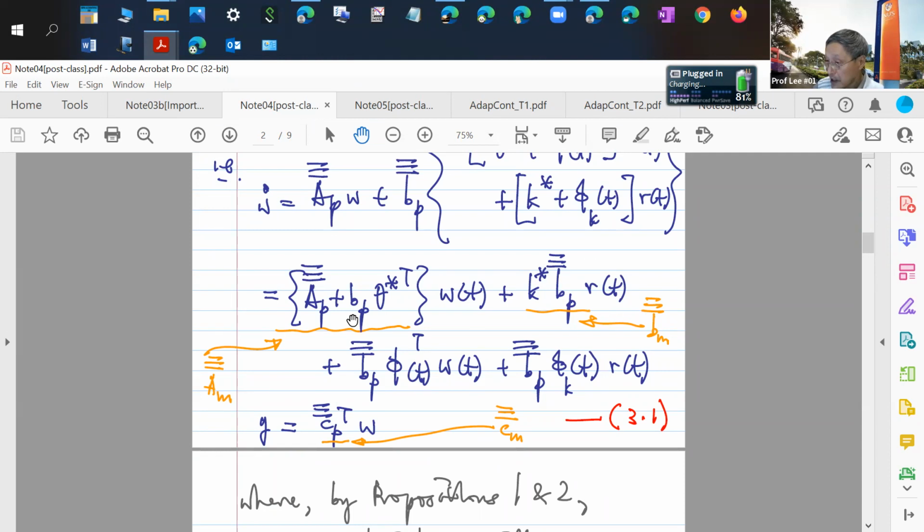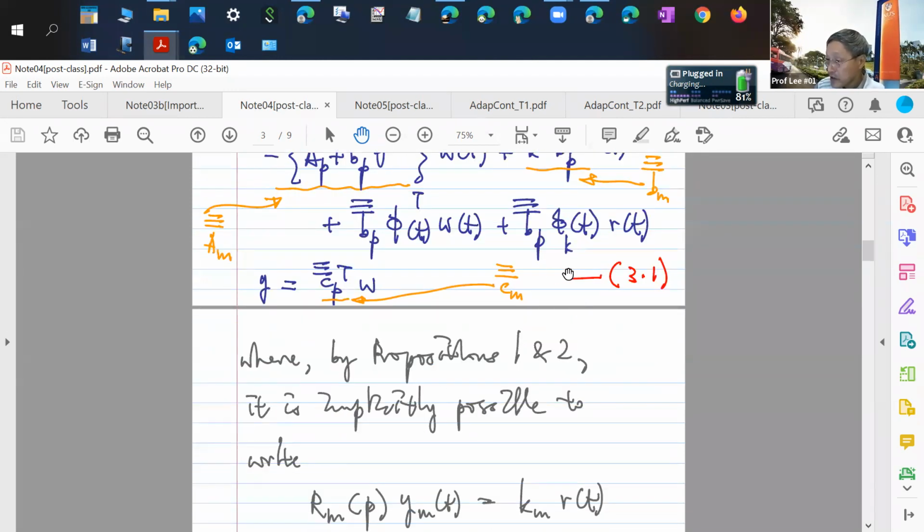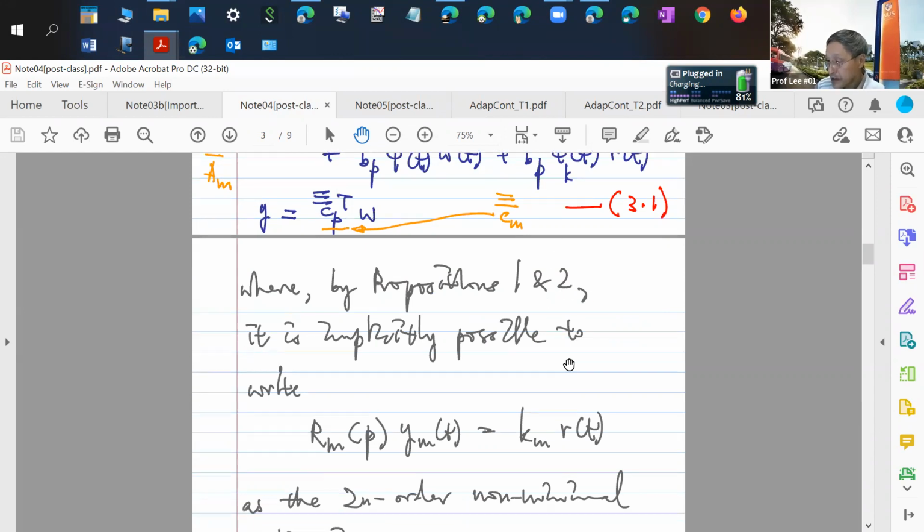Then it will be exactly just AM triple bar, BM triple bar, CM triple bar. Under these perfect gains, you must completely recover your reference model. As I said, propositions 1 and 2 tell you why all the additional 2n poles are there, so basically it collapses to exactly the reference model.